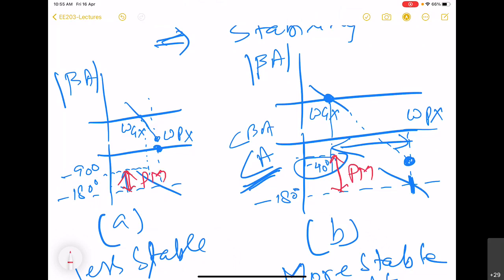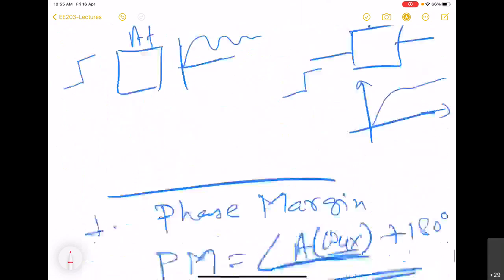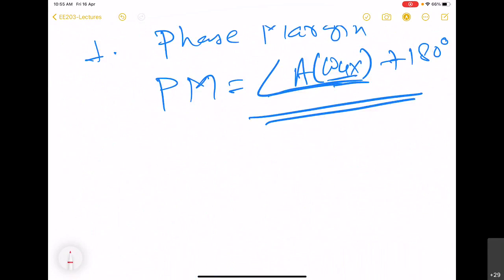If you have a system, you simply calculate the phase margin, and if it is larger and larger, the system will be more and more stable. So this is one way of comparing or pointing out the relative stability of two systems.